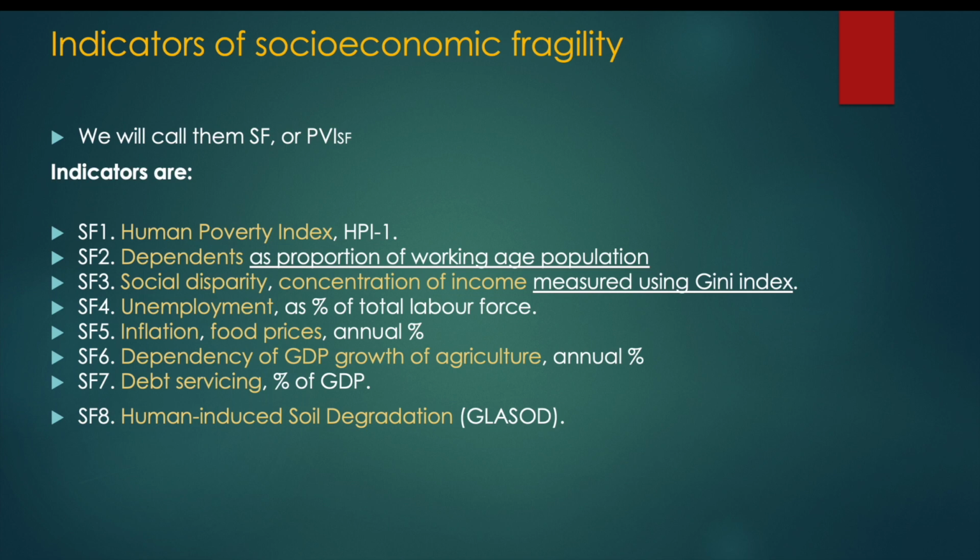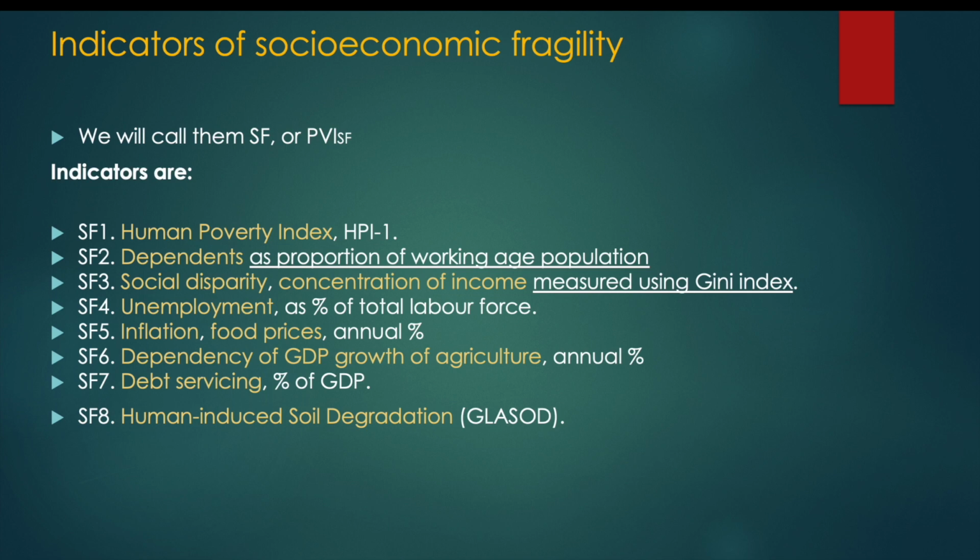So the SF1 or first indicator here is the human poverty index or HPI. Then dependence as proportion of working age population. So working age population and their dependence and its proportion will be focused here. So social disparity, it is the third indicator. Social disparity, concentration of income measured using Gini index.